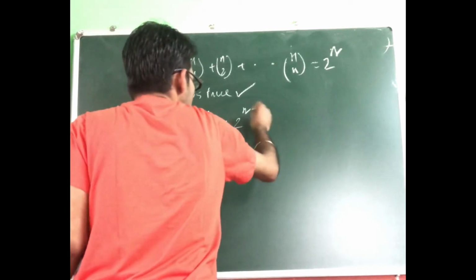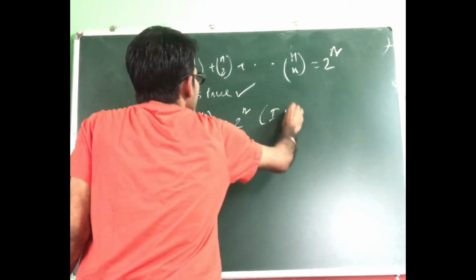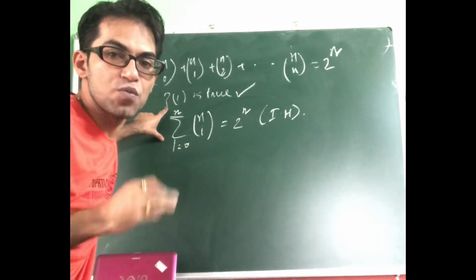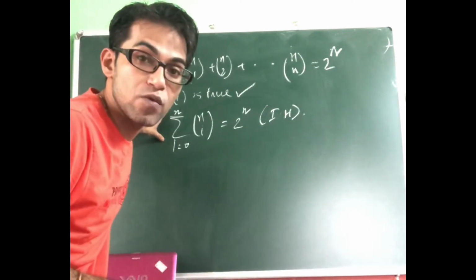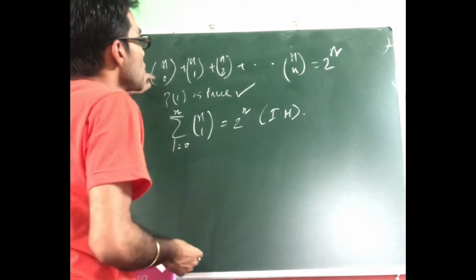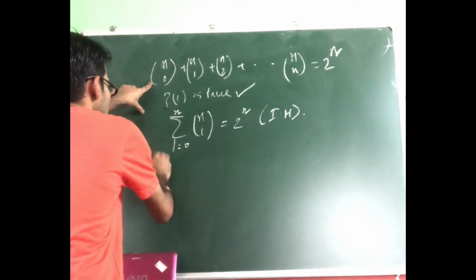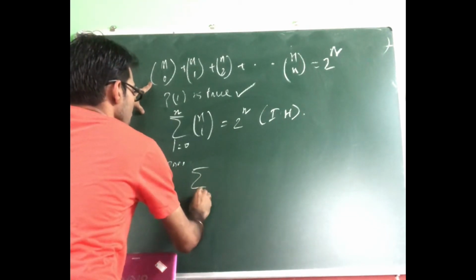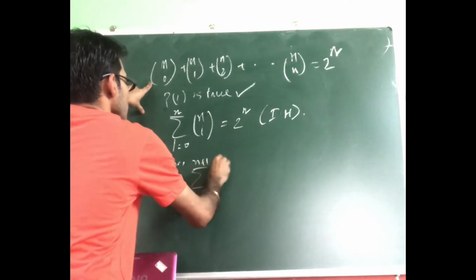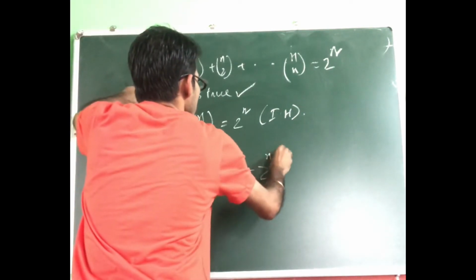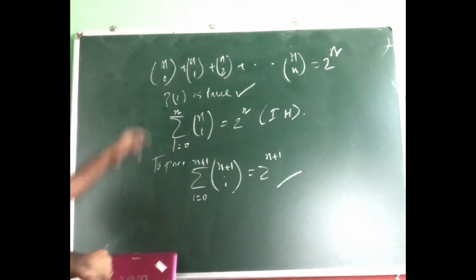We are assuming this to be true using the induction hypothesis. And I will be using this fact in order to prove the statement also holds true for n equal to n plus 1. So what I am required to prove is that the summation over i equal to 0 to n+1 of C(n+1,i) is equal to 2 to the power n+1. This is what we are required to prove.